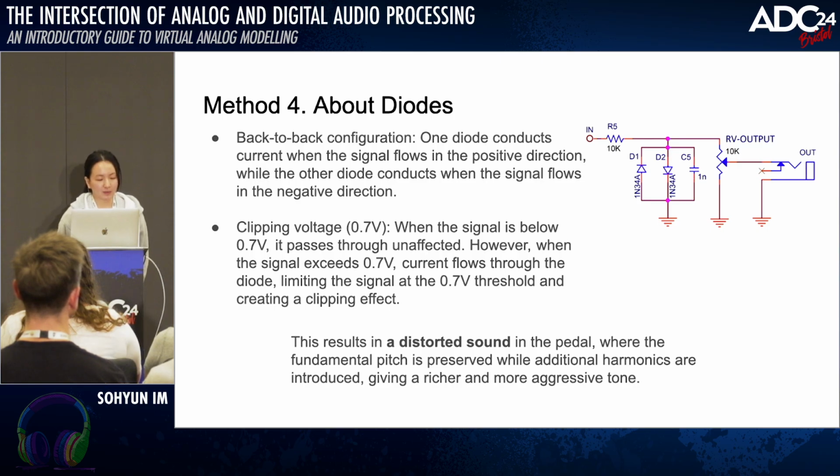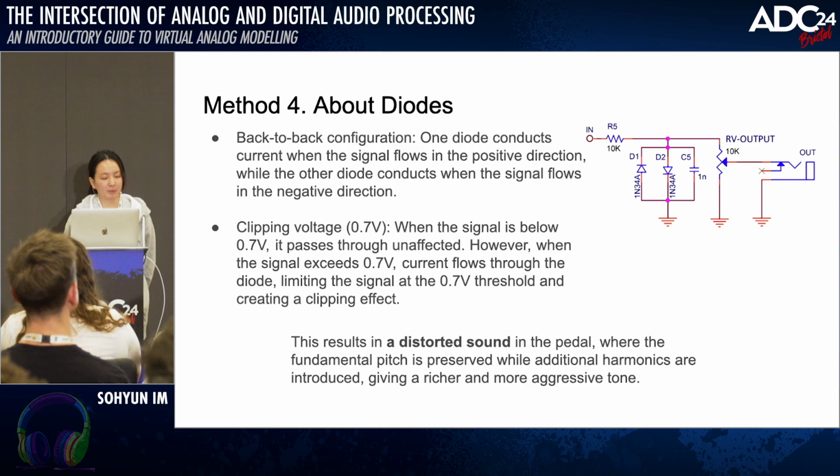However, if your input signal exceeds this clipping voltage, this 0.7 volt, current flows through the diode, limiting the signal at the 0.7 volt threshold and creating a clipping effect. This results in a distorted sound in the pedal, where the fundamental pitch is preserved, so pitch is never changed, while additional harmonics are introduced, giving a richer and more aggressive tone.